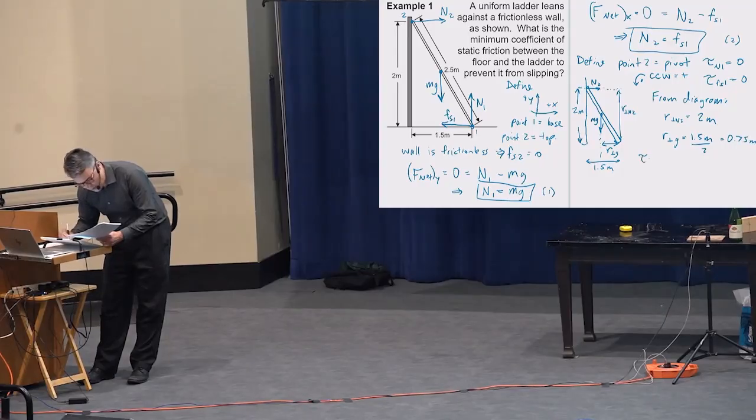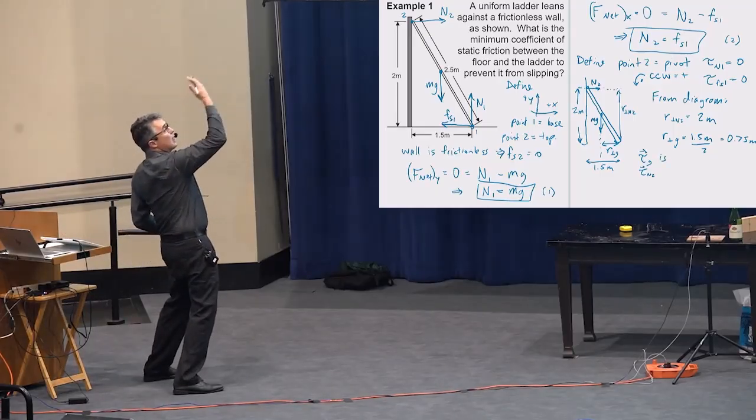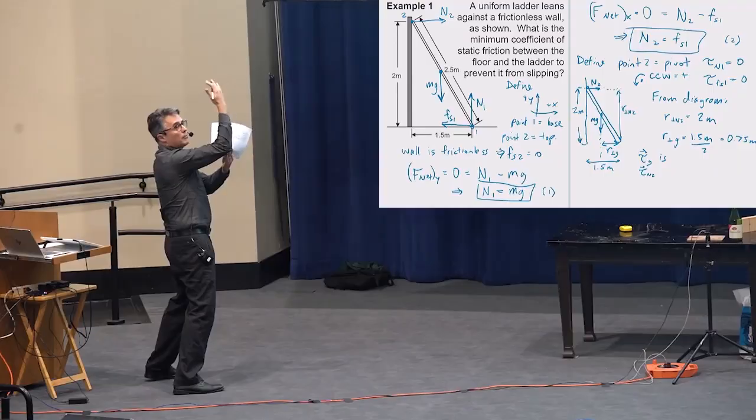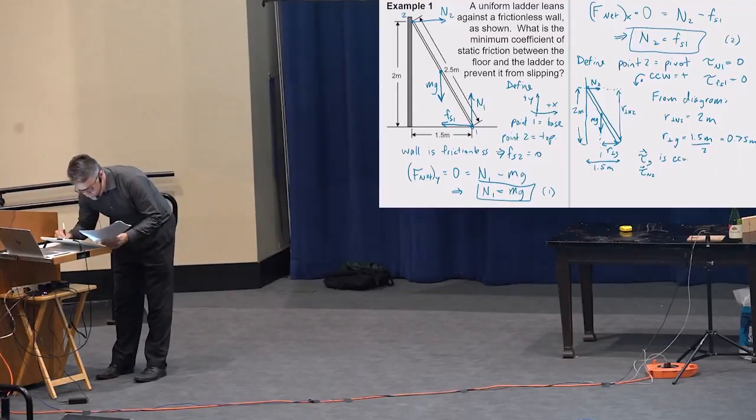And also, from this diagram, you have to think about the direction. So you've got the torque due to gravity, and you've got the torque due to N2. Torque due to gravity wants to pull it down, so rotating about that bottom point, that's counterclockwise, so it's positive.